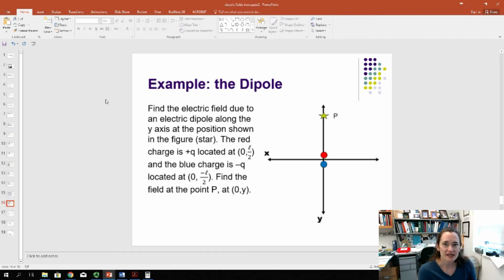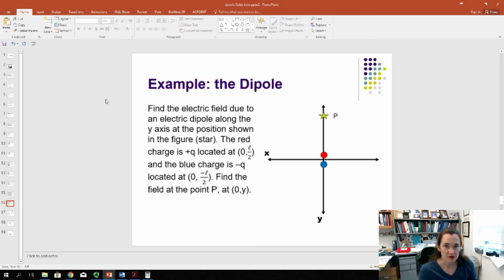Okay, so let's get into a more quantitative example now for the electric dipole. Let's calculate the strength of the electric field due to an electric dipole along the y-axis at the position shown in the figure. In this picture, I've used a red dot to indicate a positive charge, plus q, and a blue dot to indicate a negative charge, minus q.